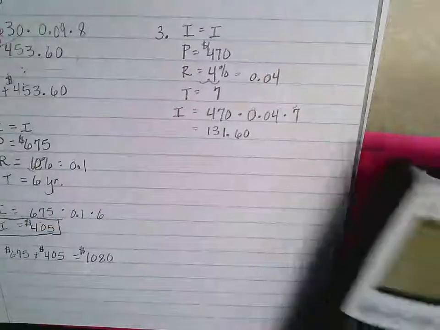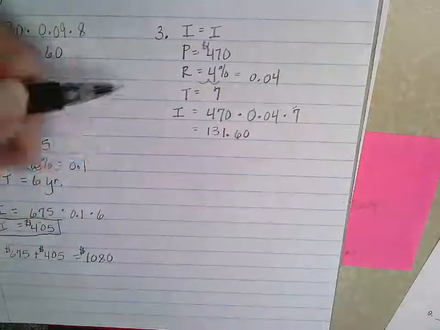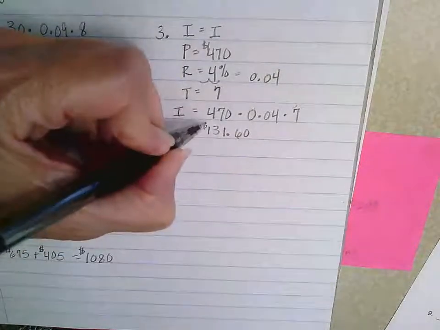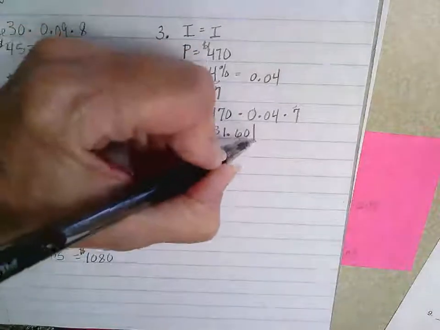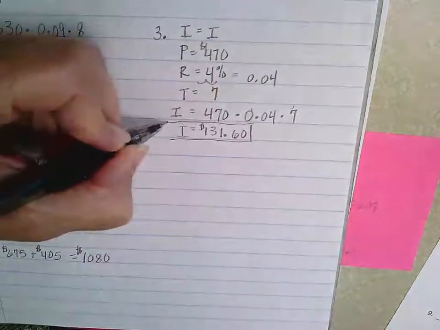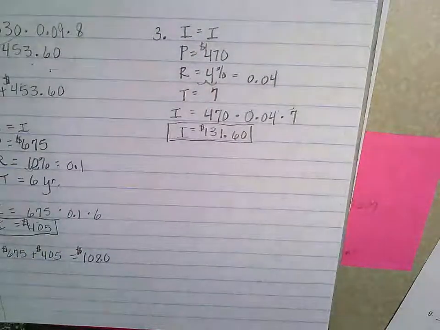Don't forget to put that 0 in there on the end. So the interest that is paid on that is that amount.